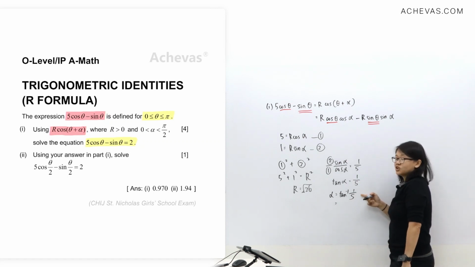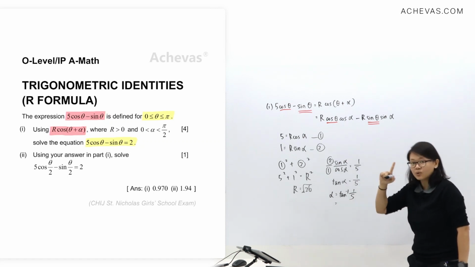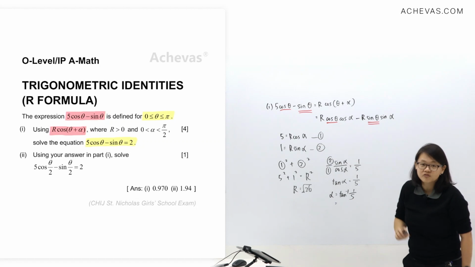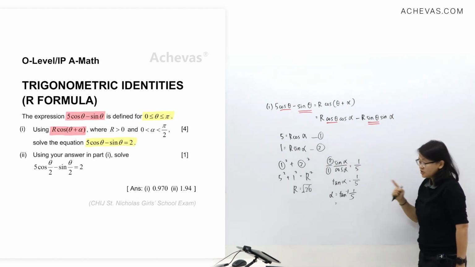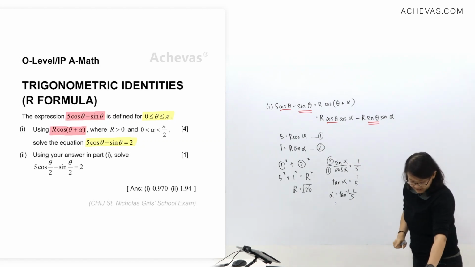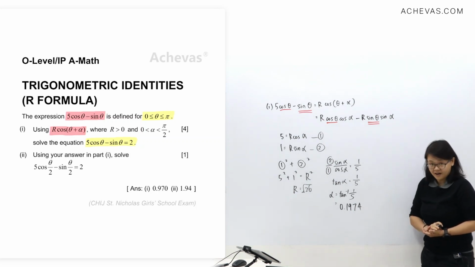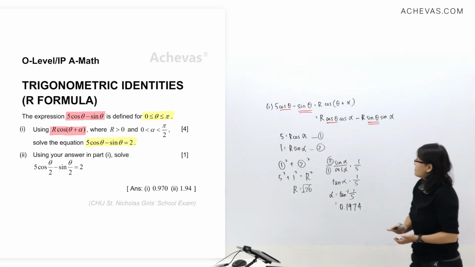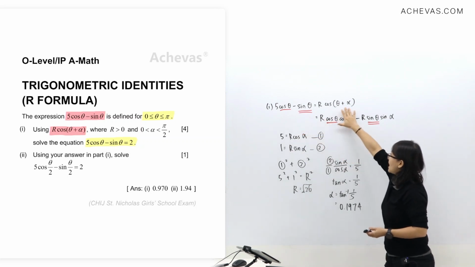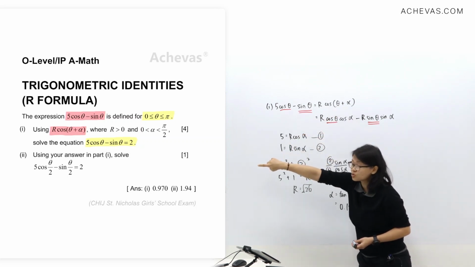Now when you are keying in the calculator, remember to check whether you're in degree or radian mode from the question. We're in radian mode. So go to the calculator and type this. What I have here is 0.1974.